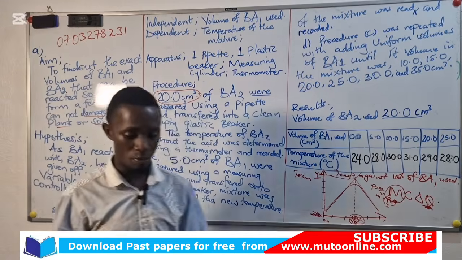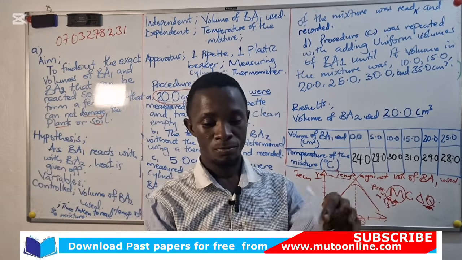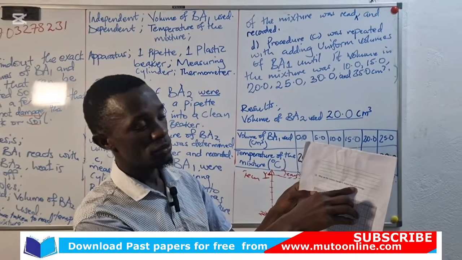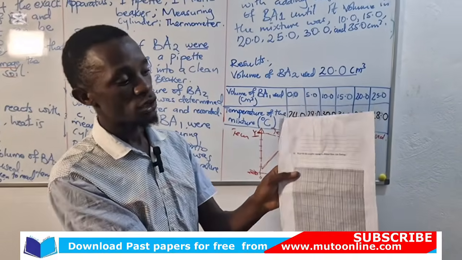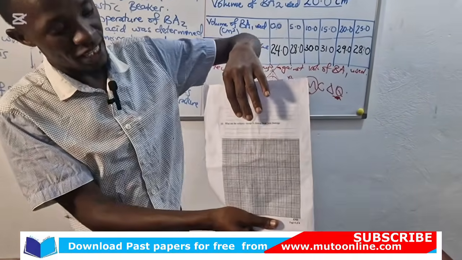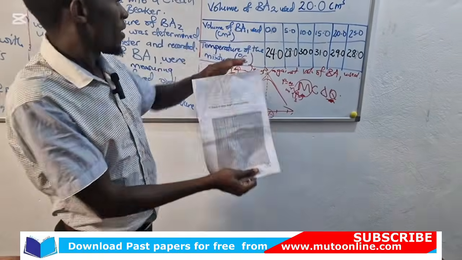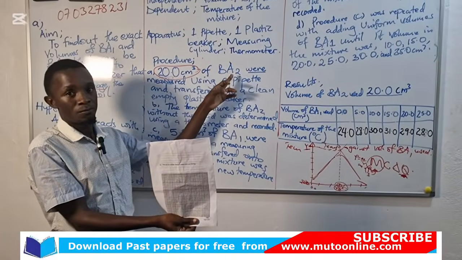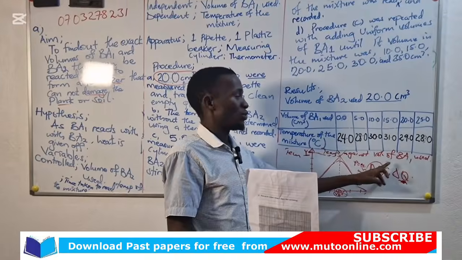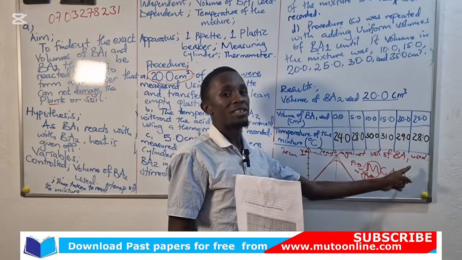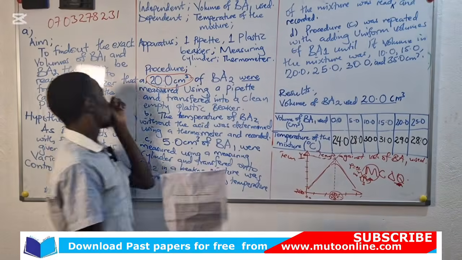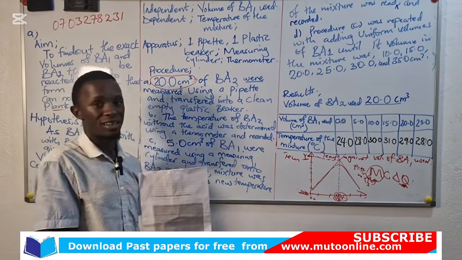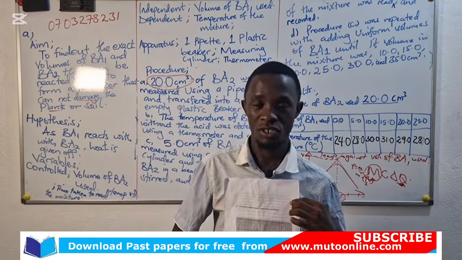So you go into your paper where they told you to make a deduction using your findings, and you will just say, therefore, for every 20 cubic centimeters of BA2, the company manager should add this volume of BA1 so as to make a fertilizer that will not damage the plants or soil. So this is according to this paper.